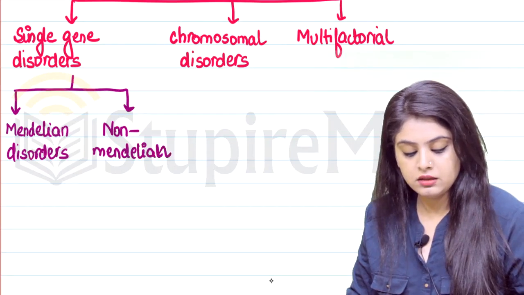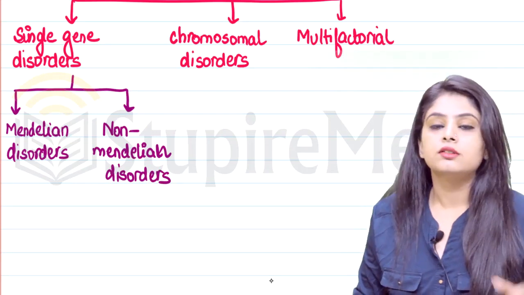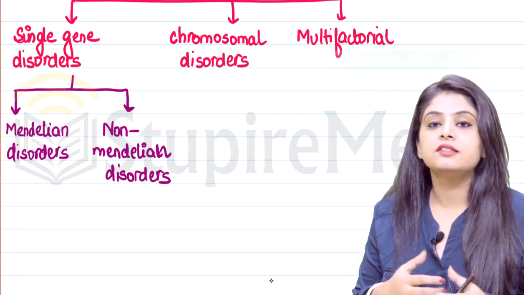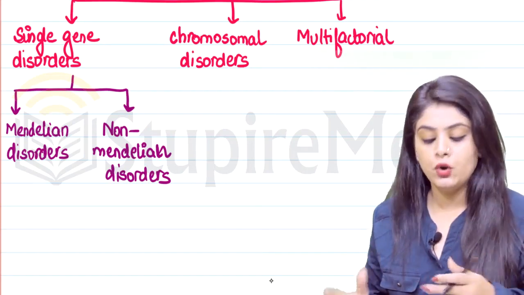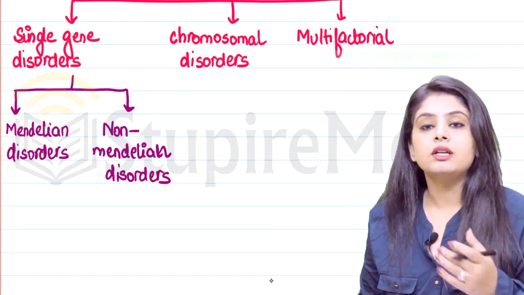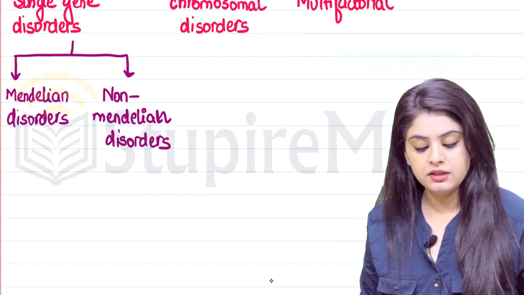So, on the basis of whether the disease is following the Mendelian rules or not, we have Mendelian and non-Mendelian disorders. What comes under each one of these?